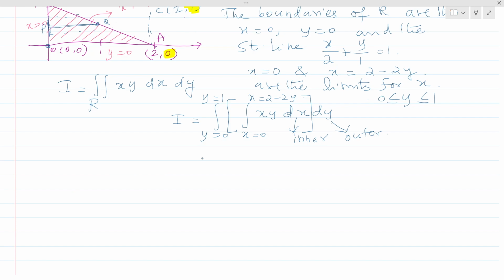Now we have to find the solution for this. That means first we have to integrate with respect to x. So therefore we can write 0 to 1, and then if we integrate with respect to x, keep y as a constant, and then the integration of x is x square by 2, using the formula integration of x power n dx equal to x power n plus 1 divided by n plus 1 plus c.